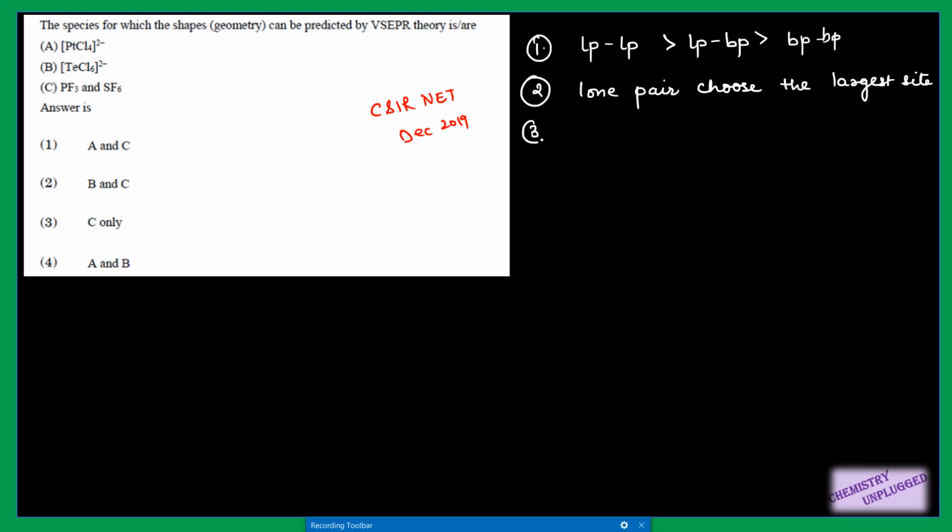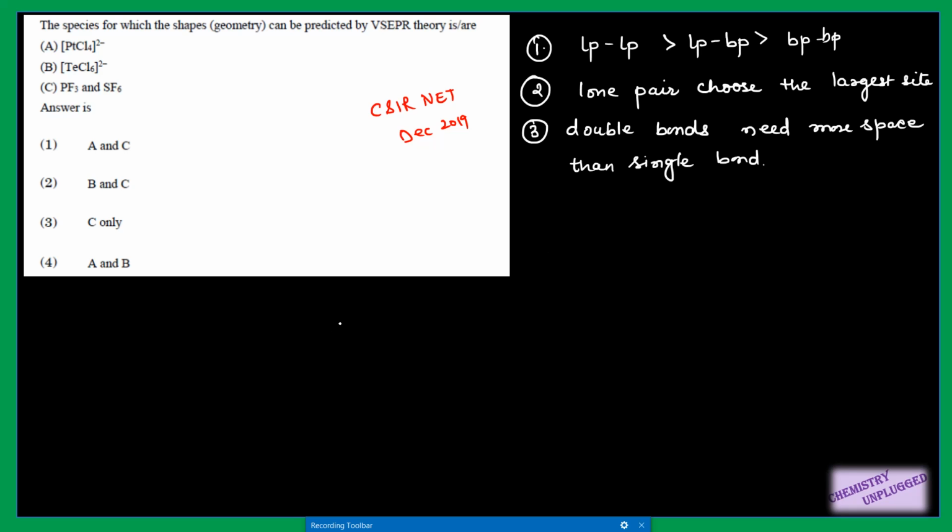Then the third point is, double bonds also behave similarly to lone pairs of electrons, and they will always occupy the side which has larger space. So this point becomes: double bonds need more space than single bonds.